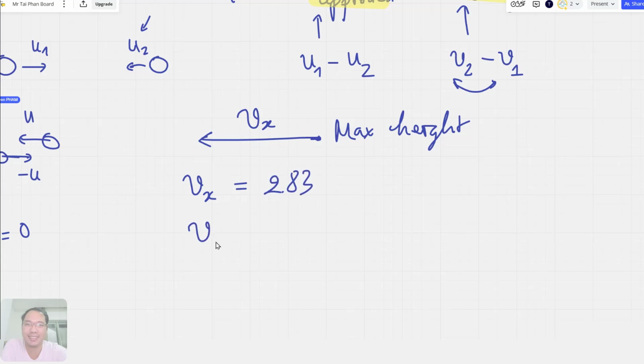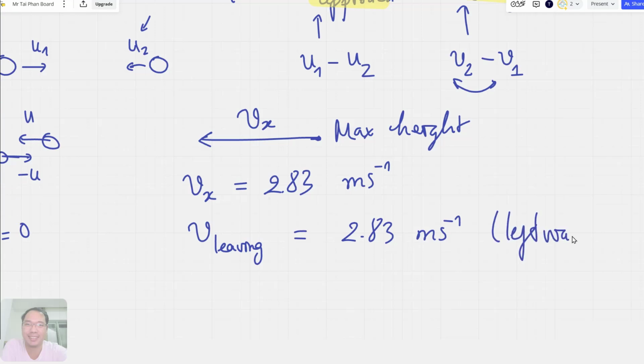The velocity after leaving the wall will be the same in magnitude but in the opposite direction, leftward.